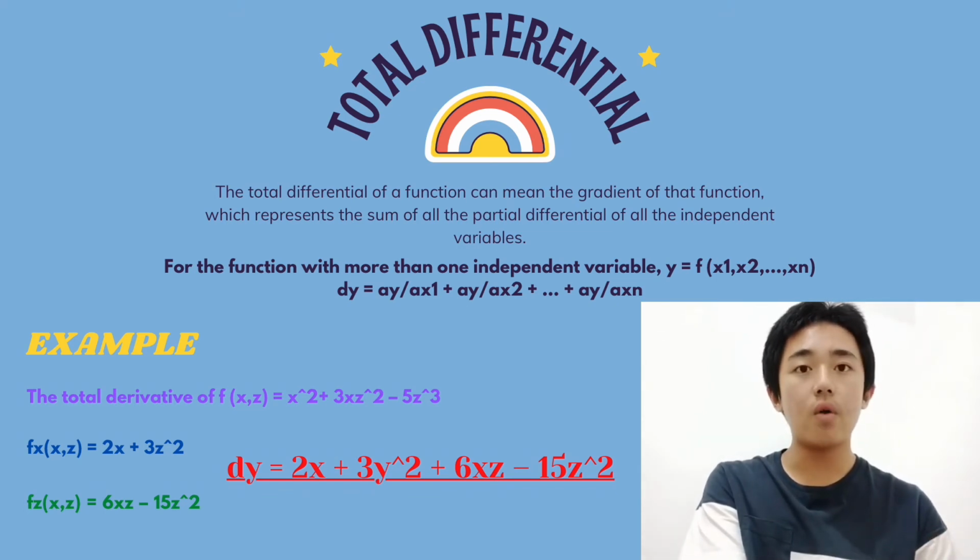And remember, we have to focus on x, so negative 5z cubed is a constant number, it is gone.